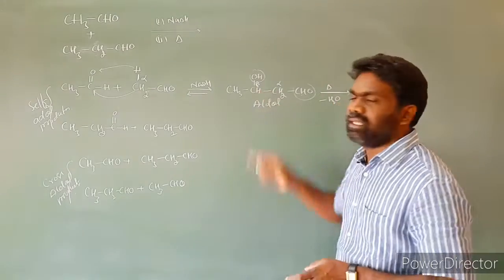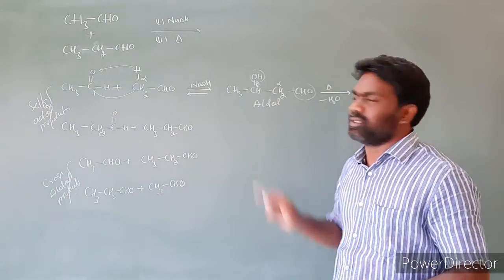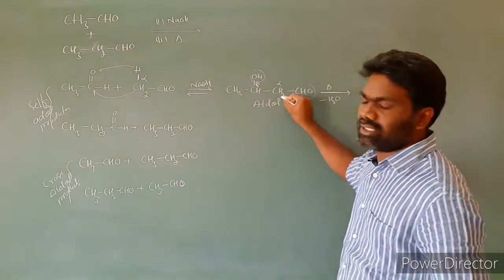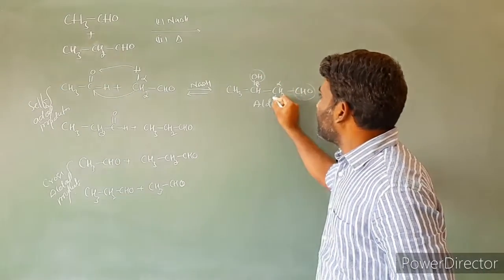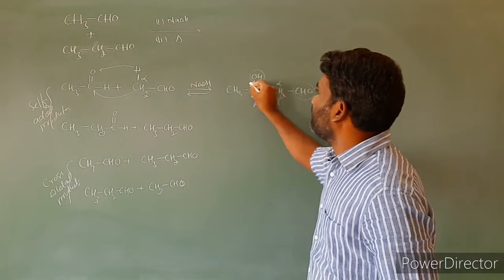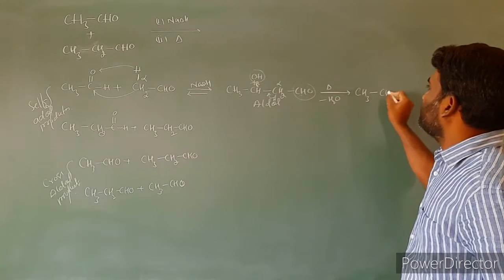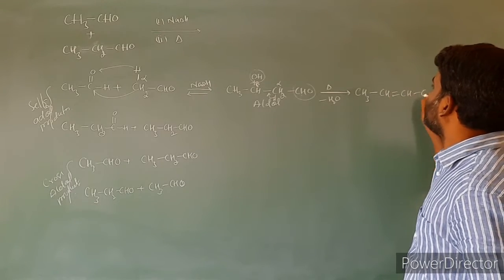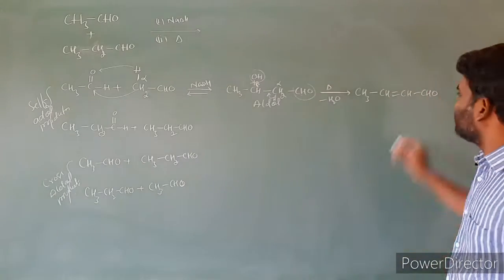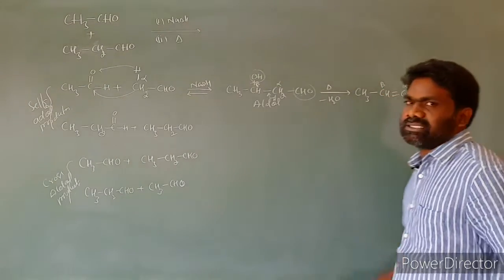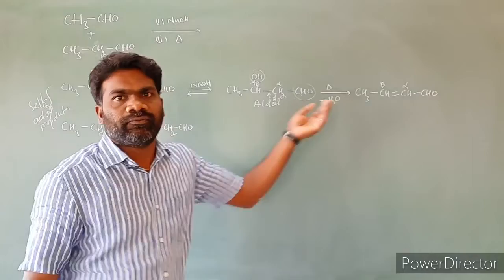Simple understanding point: make a double bond between alpha and beta by removing this OH and this H. This bond will move here, and we break this bond. Then the product is CH3CH=CHCHO. So this is the alpha carbon, this is the beta carbon, an alpha beta unsaturated aldehyde. This is the first one.